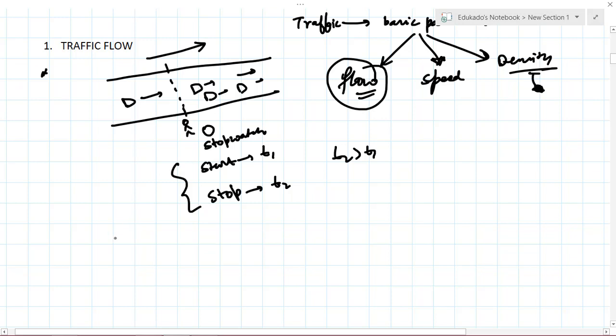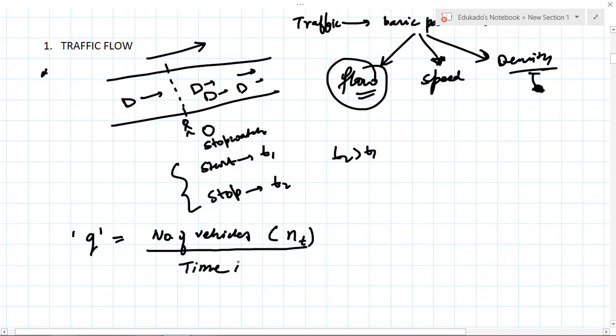Traffic flow is represented using the small q character, and it is equal to the number of vehicles, I can call it n, counted within some time range, divided by the time interval, which I'm denoting with t.